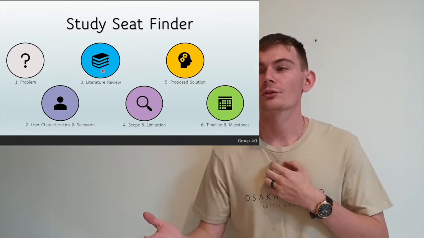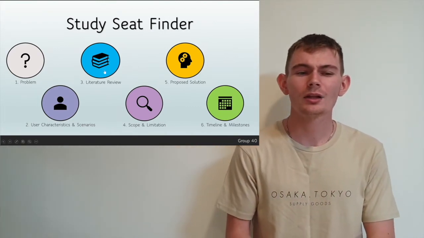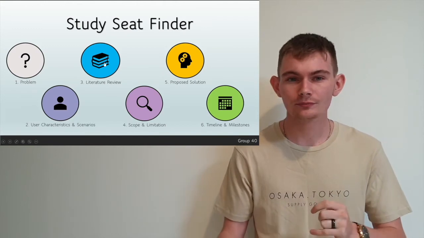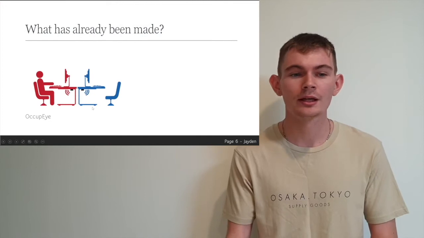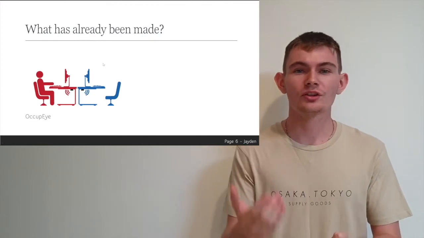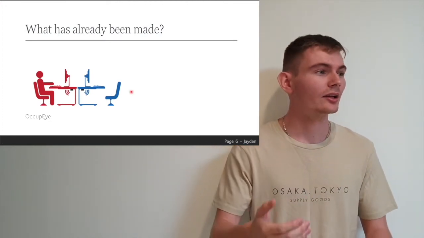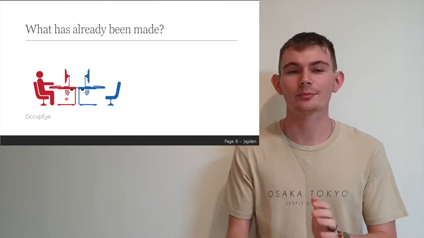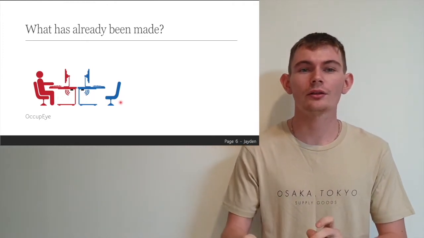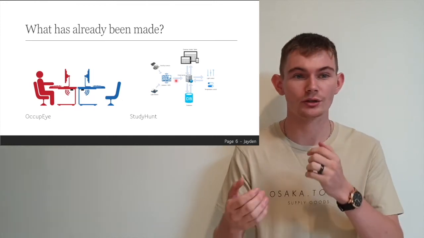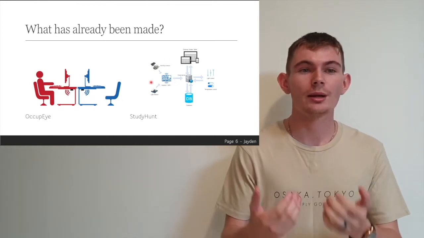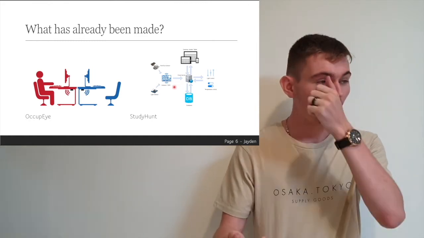So next we're going to go through a small literature review to see what's already been made. So there's one commercial product out there known as Occupy. It uses proximity sensors underneath the desks so that it can detect whether or not the seat has been taken. There's also another student project completed at UCL, University College London, which uses temperature sensors on the roof.